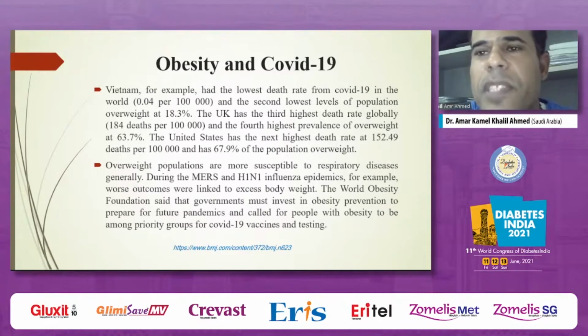The United States has the next highest rate at 152.4 deaths per 100,000 and has 67.9% of the population overweight. Overweight populations are more susceptible to respiratory disease generally. During the MERS, Middle East respiratory syndrome, and H1N1 influenza epidemics, for example, worse outcomes were linked to excess body weight.